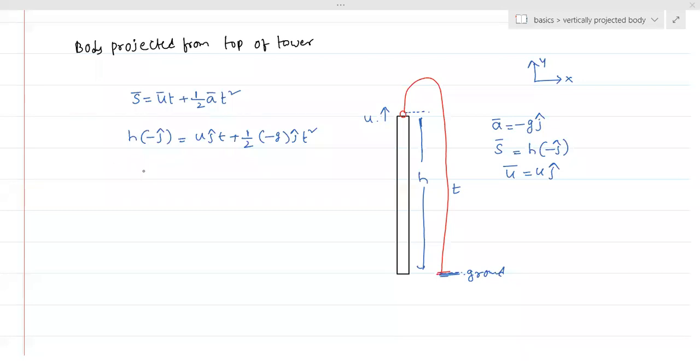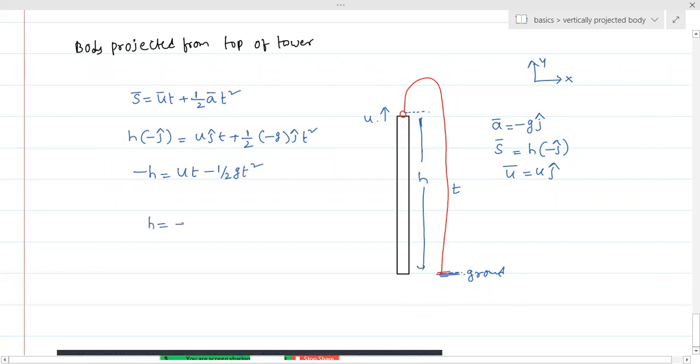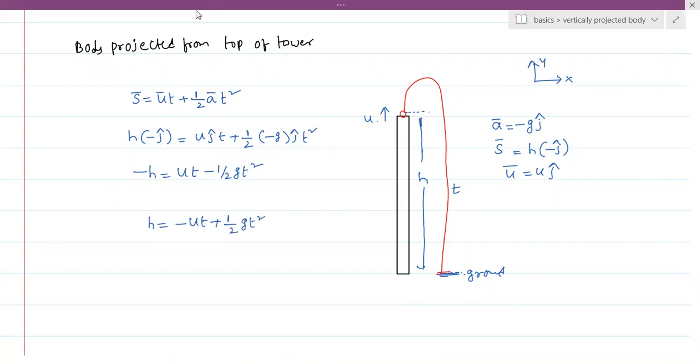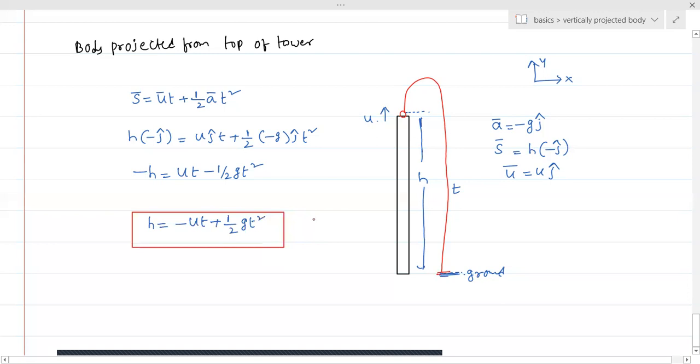We cancel the j cap. Therefore, minus h equals u t minus half g t square. Multiplying with minus, we get h equals minus u t plus half g t square. This is a very important and famous relation for vertically projected bodies, out of all models.